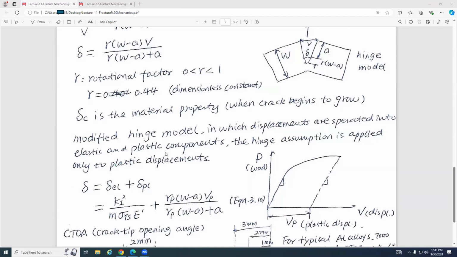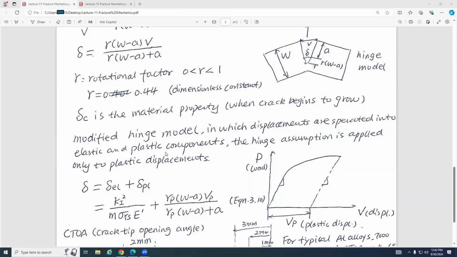From here to here, whenever you apply a load and remove it, you would go back along this curve. However, once your material yields and you want to unload, removing the load, then you will go along this straight line with the same slope.